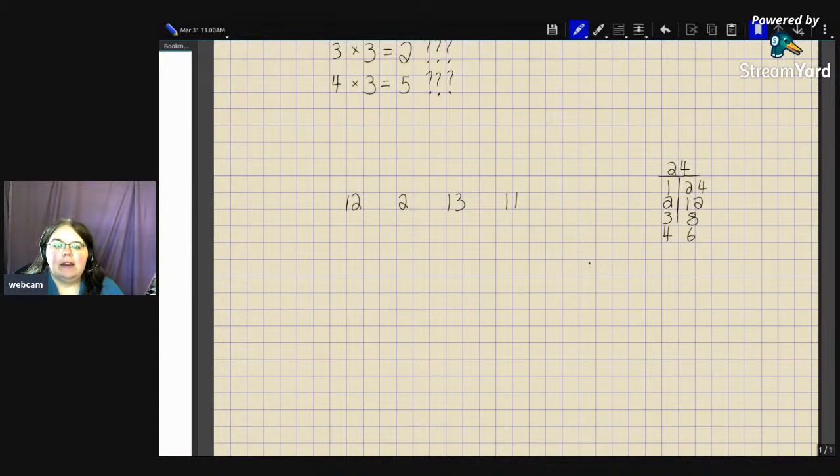So we could try making an addition table out of the numbers we have, and then a subtraction table, a multiplication table, a division table, and see what we can come up with. So let's take a look. So we've got 2, 11, 12, and 13.